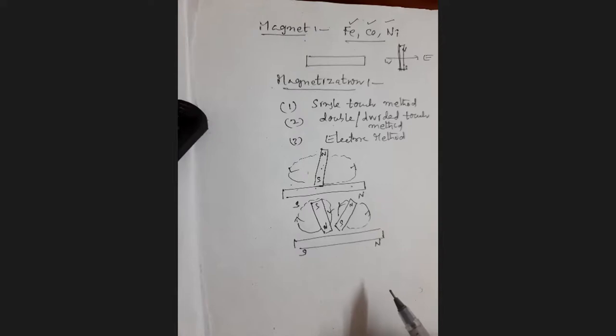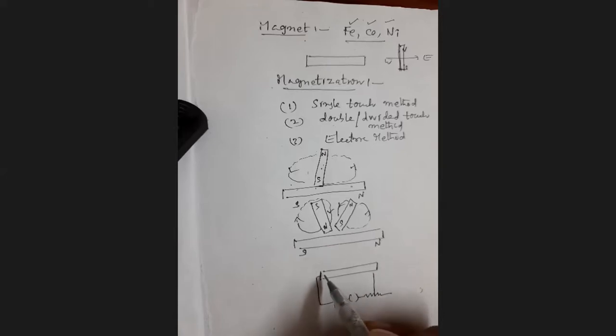Now, the third method is the electrical method. There we take a magnetic material, an iron bar, connected to an electrical circuit like this. Here this is minus, plus, and this is the key and a rheostat. The current is passing through this wire.